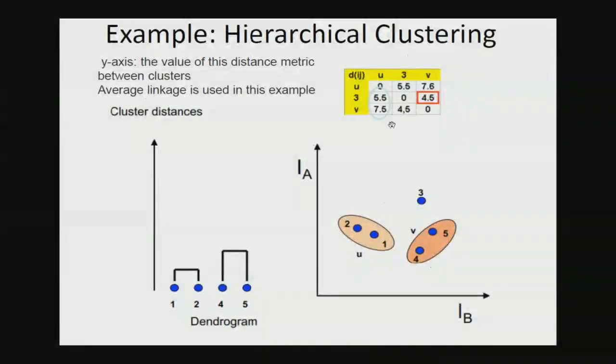And the next one, we see the smallest pairwise distance between data point 3 and cluster V. At the same time, we also plot 4 and 5 here.